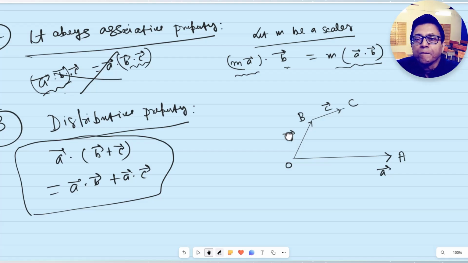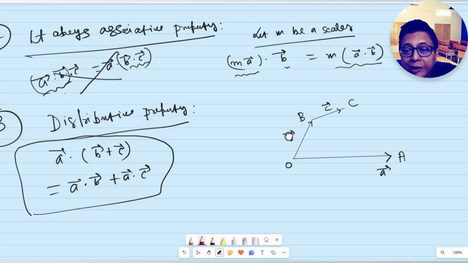Okay? Now, we want to find A dot B plus C. So in this diagram, which one is B plus C? How can you get B plus C? You all are good at triangle law. So we use triangle law here. This one is going to be B plus C. Okay?